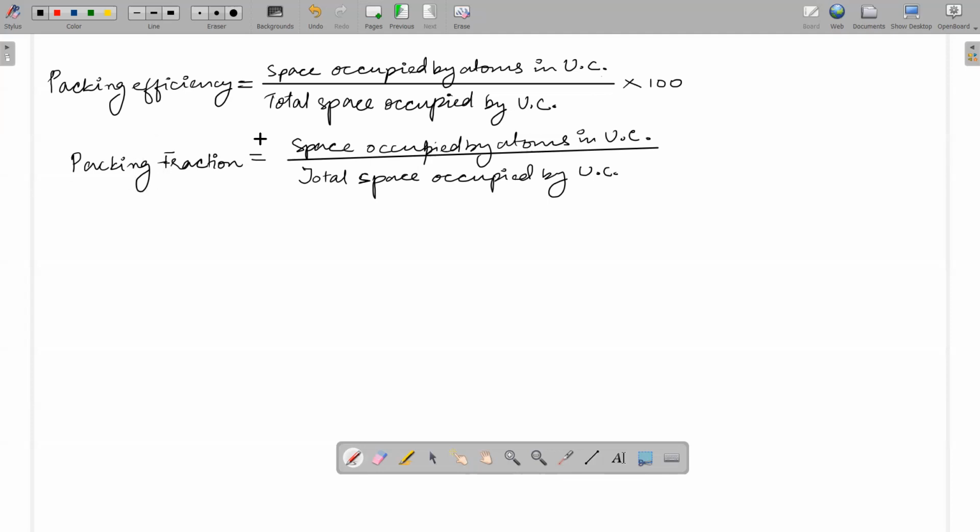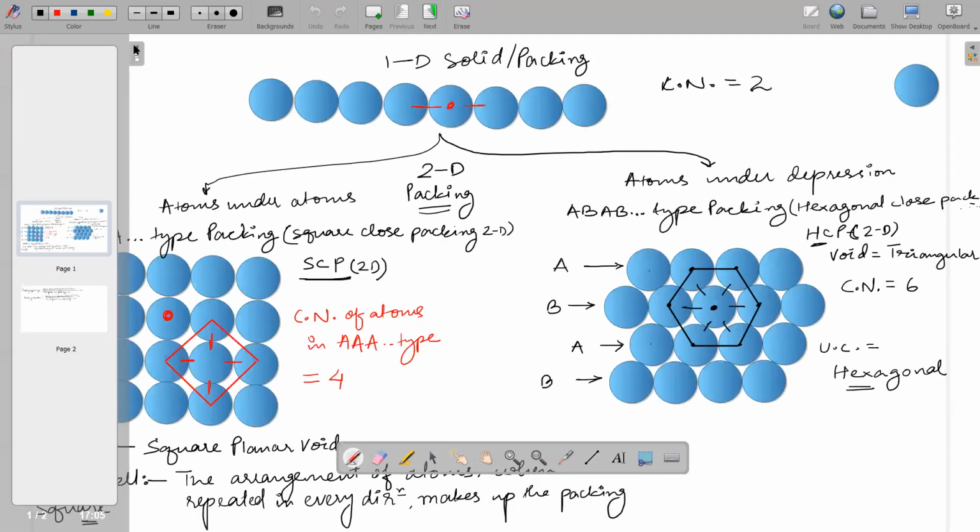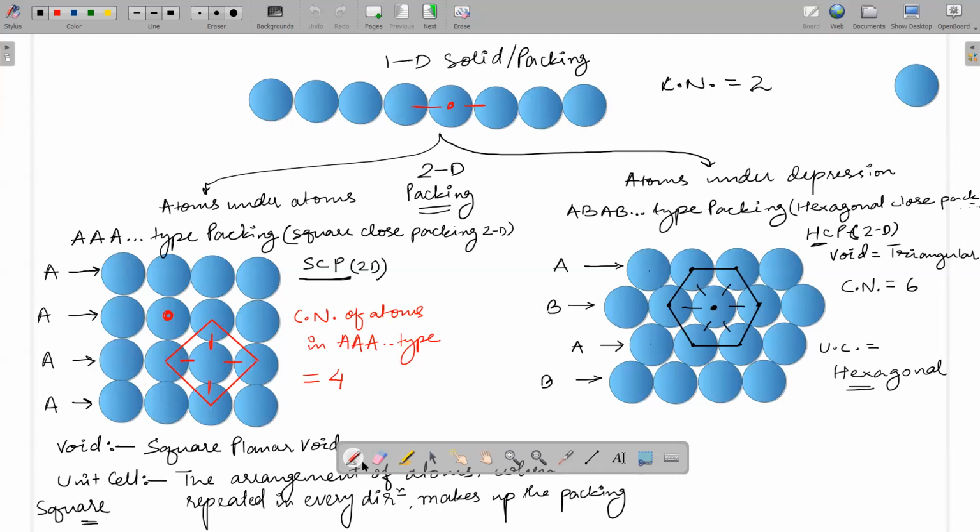Let us look at those unit cells which we have. Let us now highlight this unit cell with yellow color.